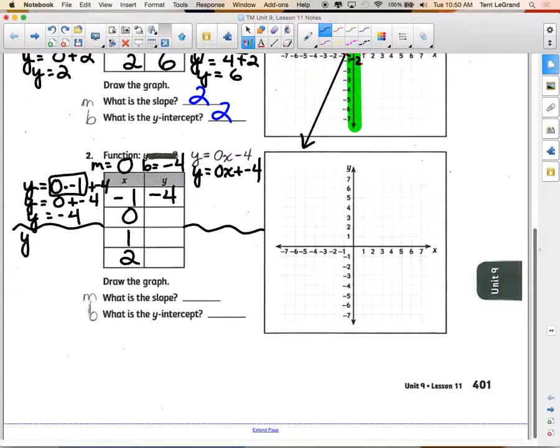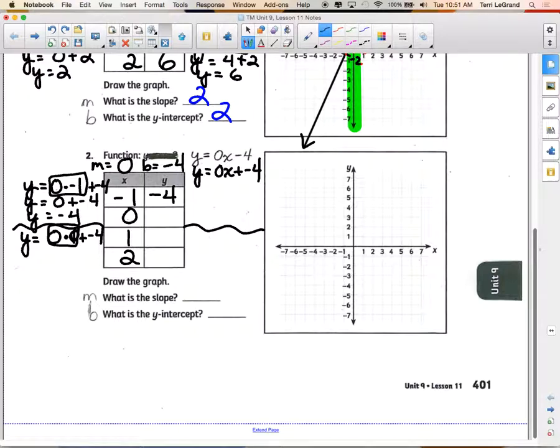Okay, now we'll use that when x is equal to 1. 0 times 1 plus that negative 4. 0 times 1 is? Is Harley? Oh, I need to do a 0. You're right. This should be a 0 here. 0 times 0. We're doing the top two right now. 0 times 0 plus negative 4.